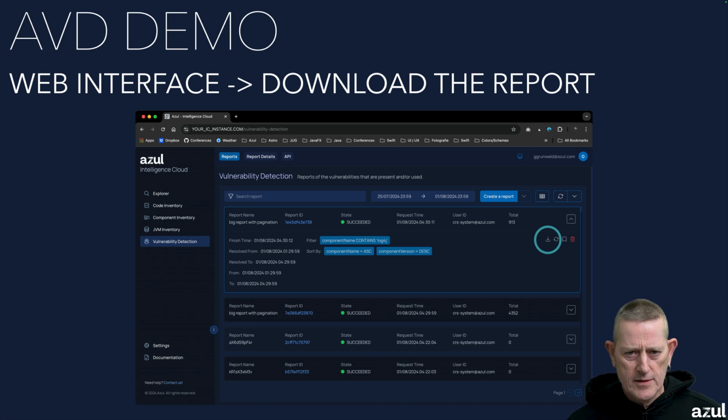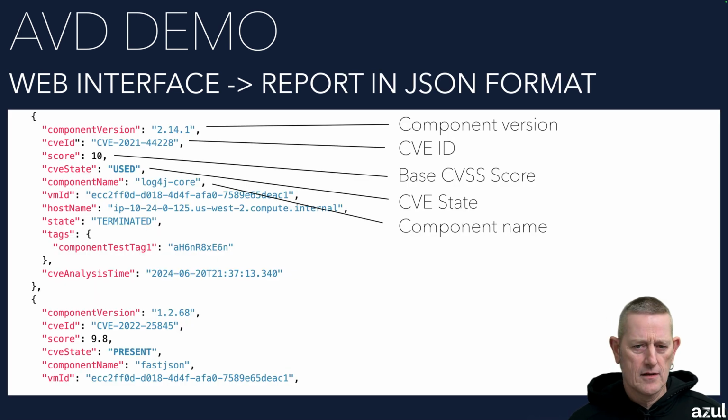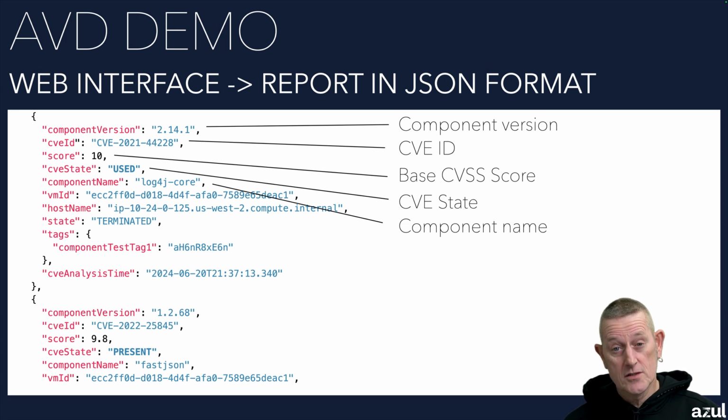We create the report. Once it's done, we can download the report, and then we get something like a JSON file in this case. We can see the component version, which in this case was log4j core version 2.14.1. We see the base CVSS score, which is 10, which is very critical. And then we also see the CVE state, that means if this one was used, so we really used it, and the component name, which is log4j core in this case.